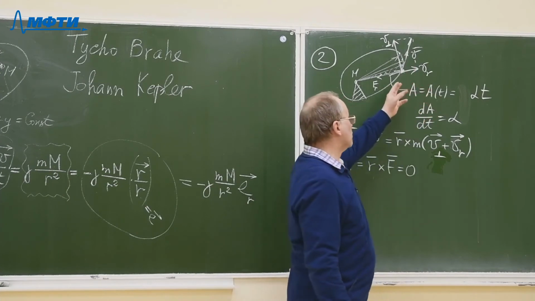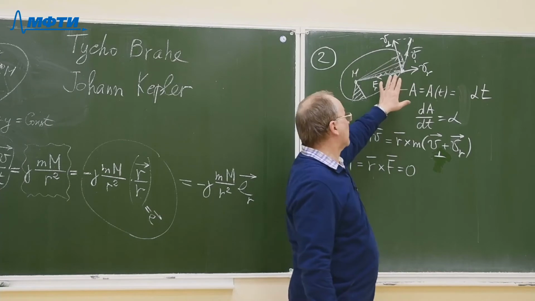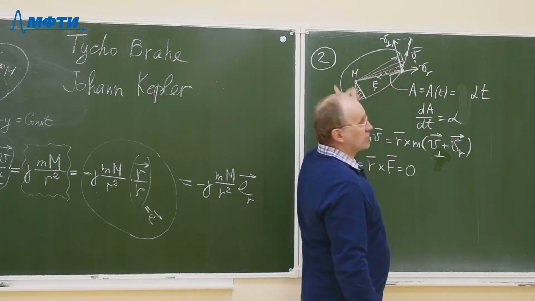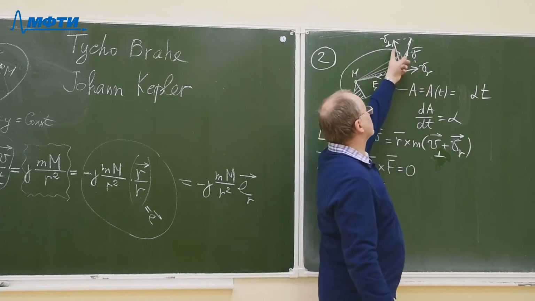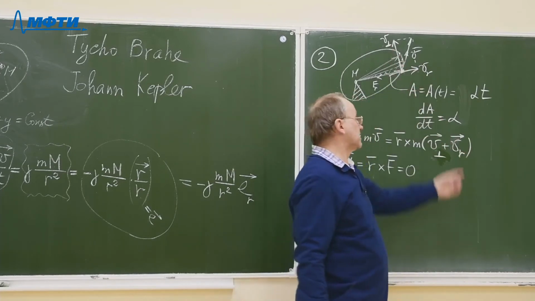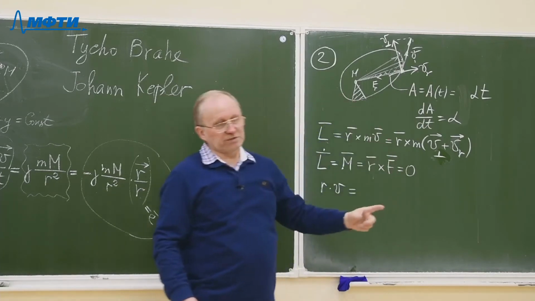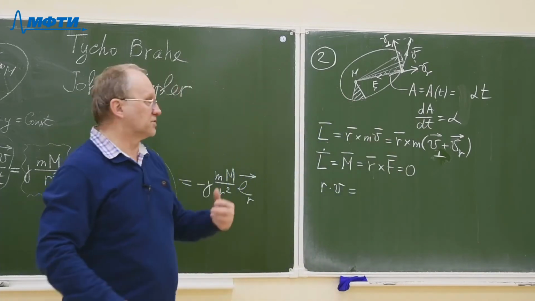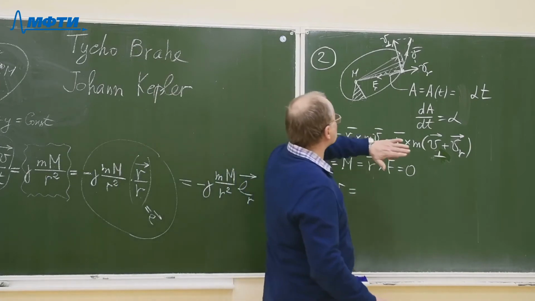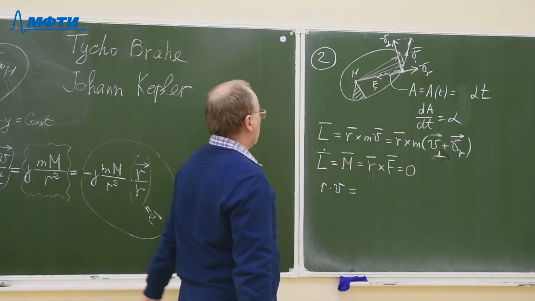No. In this case, no, because the trajectory is flat, it's a two-dimensional trajectory, and so the velocity is also two-dimensional. It has only two components. It's a two-dimensional curve belonging to one and the same plane, like the plane of this blackboard.